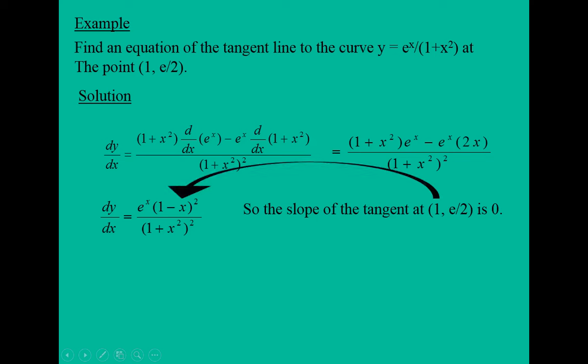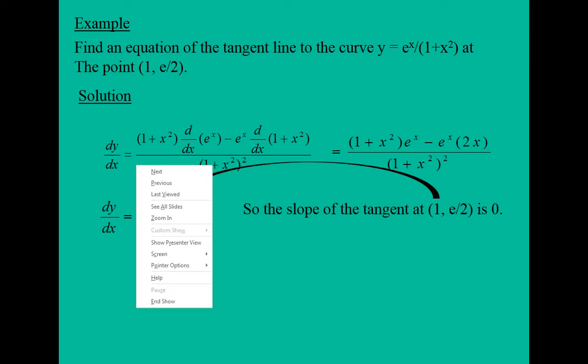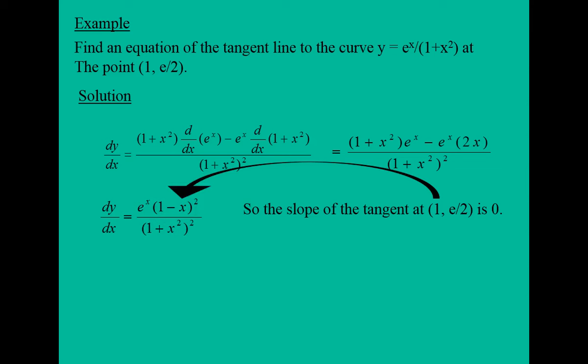And when we plug in 1 for x, you can see we'd get 1 minus 1 squared in the numerator. So we would get 0 all over 1 plus 1, which is 2 squared. So we'd get 0 over 4. So this quantity here equals 0 over 4. So the slope of the tangent line would be 0.